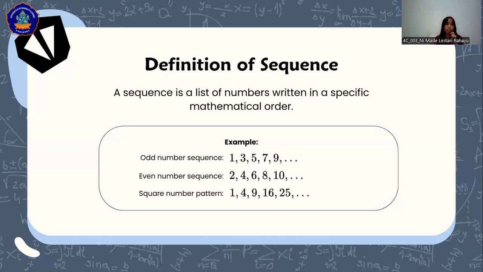Example 2, the even number sequence like 2, 4, 6, 8, 10, and so on. And the last example is the square number pattern like 1, 4, 9, 16, and so on. Each number in a sequence is called a term. So, okay, let's move on.